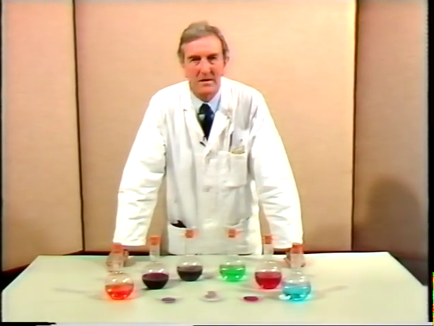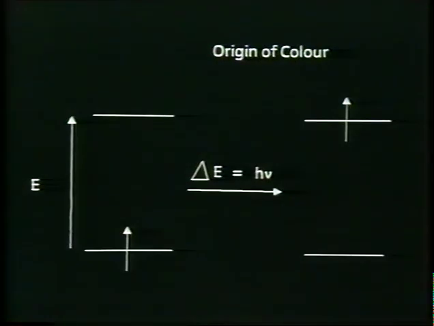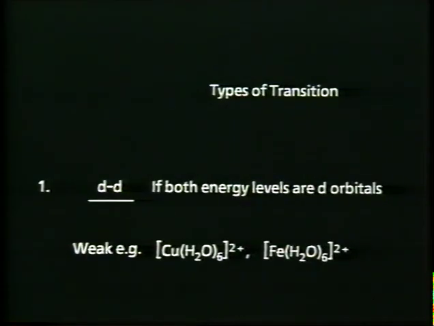Where do these colours come from? Colour comes from electronic transitions between energy levels. When a system gains energy delta E by absorbing radiation of frequency nu, the transition can occur. In our equation, delta E equals h nu, h is Planck's constant. Two types of transition can occur.